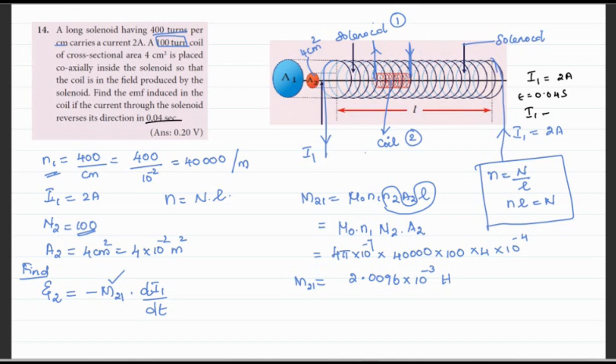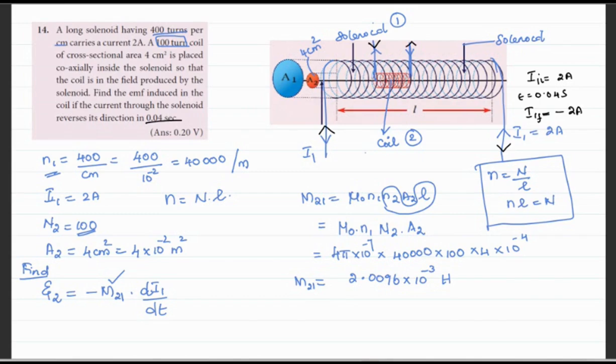So this becomes minus 2 amps. This is I1 initial, let this be I1 final. Understood? The current through the outer solenoid is 2 amps, but after 0.04 seconds it changes its direction. It enters here and leaves here. Similarly the direction of the inner coil's induced current will also change, right? It enters here and leaves here.